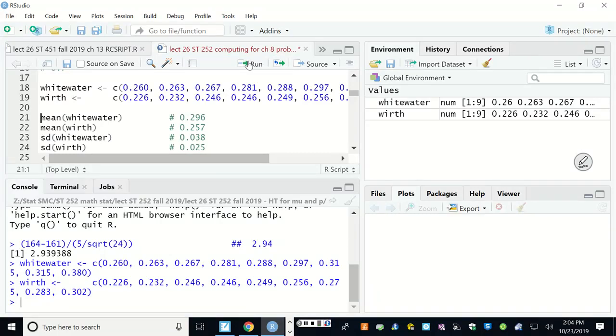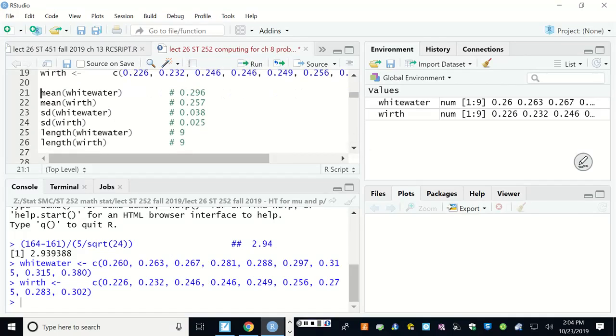The averages are 2.96 and 2.57, so the difference is 0.39. There are standard deviations for both groups. Those are not quite equal, but they're not too different. I might tend to pool them. I think it would be reasonable to do that. Both of them have length 9, so the sample sizes are 9.